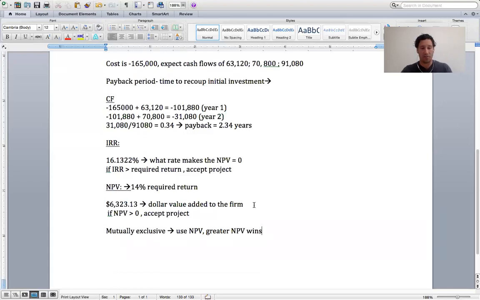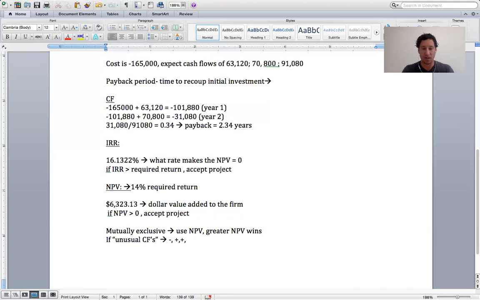One other thing with NPV and IRR. If we have unusual cash flows, meaning so far it's just been negative and then positive, positive, positive, and it stayed that way.